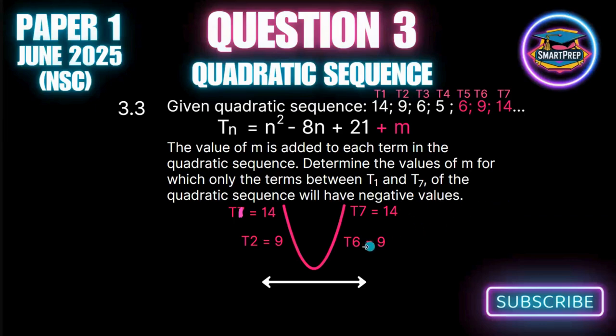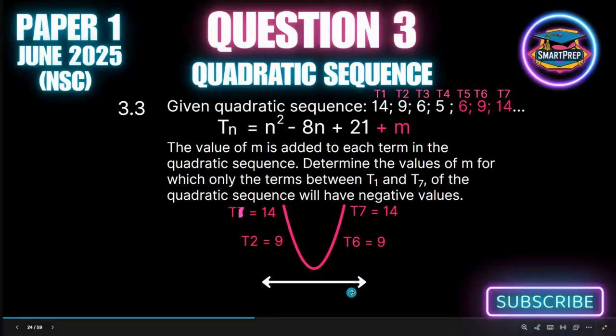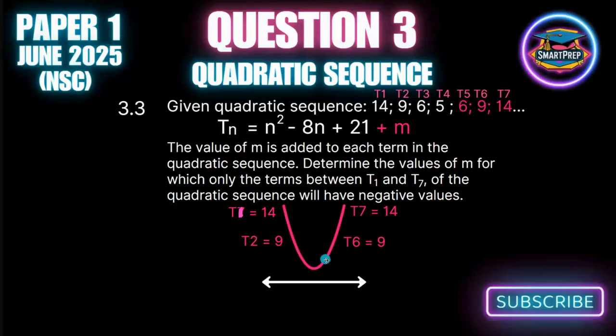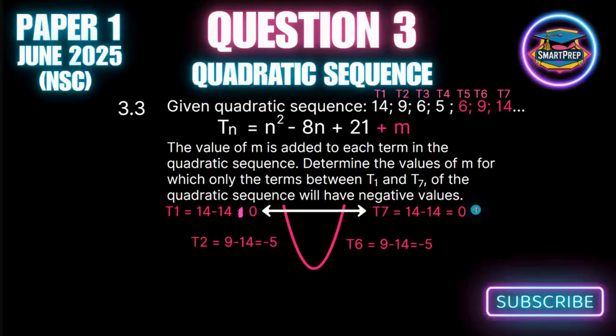So we want to bring t6 down to become negative. And if you do that, and t2 as well, then obviously the other ones, t3, t4 and t5, will also be negative, because those are below t6. Now notice if we bring it down by 14, t1 is 0, and that's fine, but it's not negative yet.